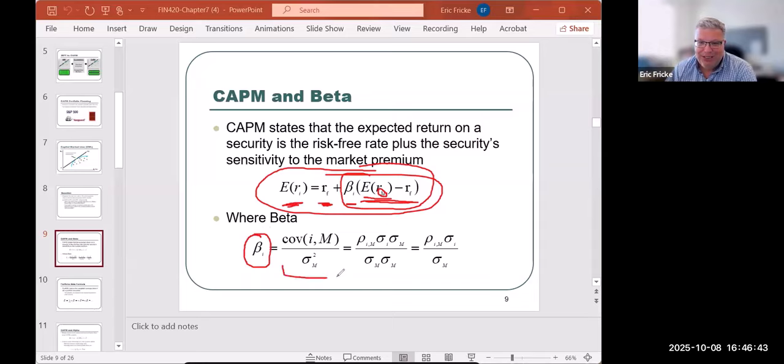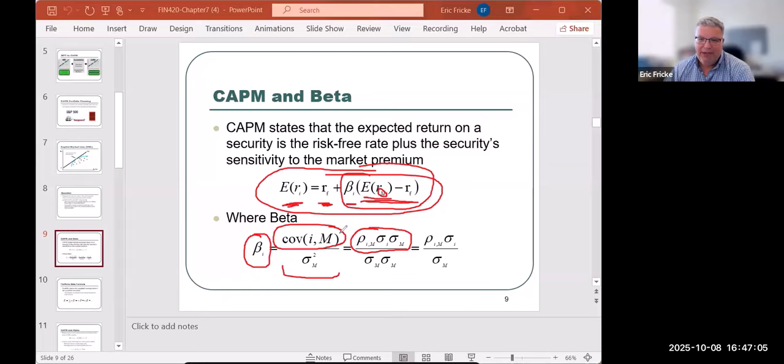And this whole term here, it basically comes from a regression. It's behind the scenes when you do a linear regression. Remember this covariance term for portfolios? We can substitute in for covariance with this, remember? The correlation coefficient multiplied by the two standard deviations.